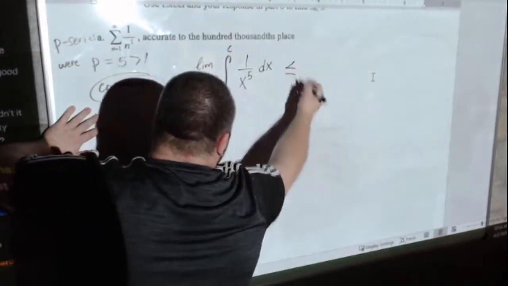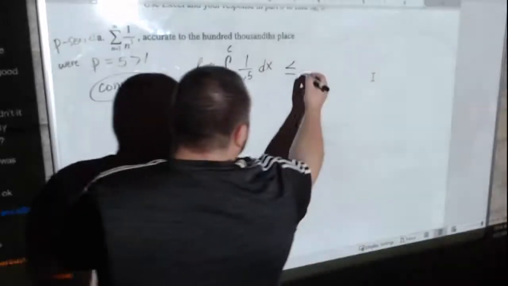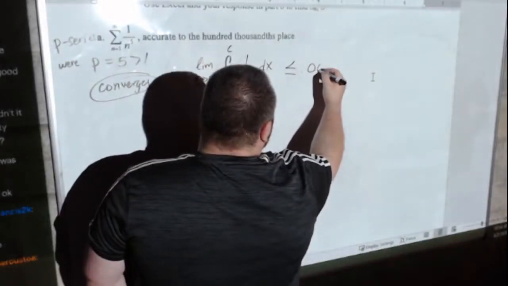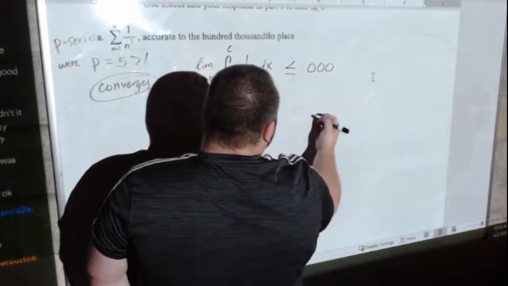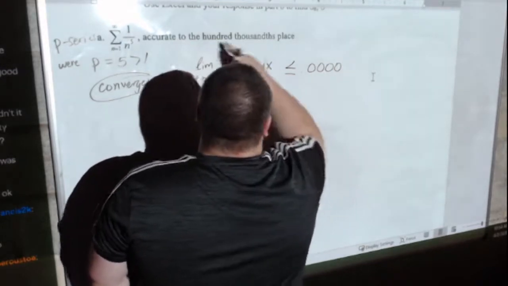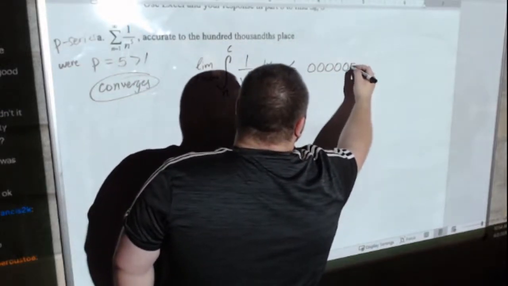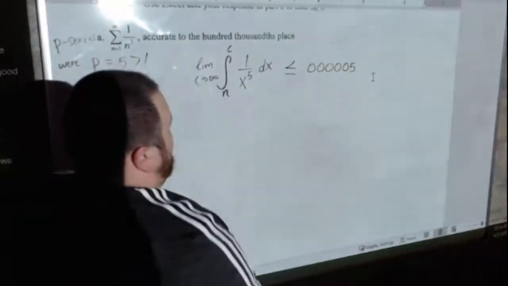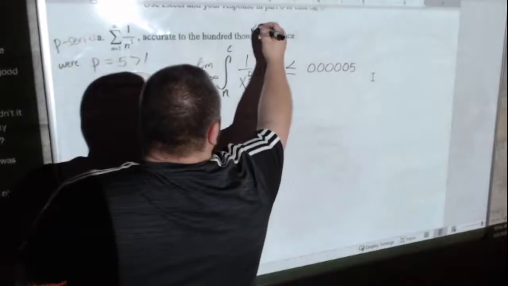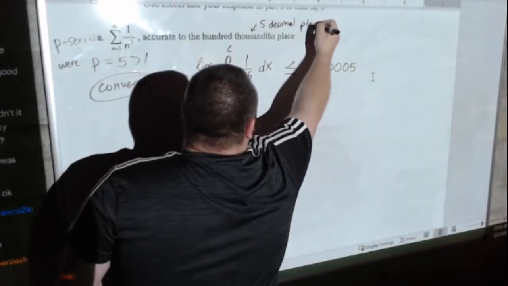So we're going to say our error needs to be less than or equal to, we've got tens, hundreds, thousands, 10,000ths. The next one is the 100,000th place. You always go one more space and put a 5. So this is basically saying 5 decimal places of accuracy.